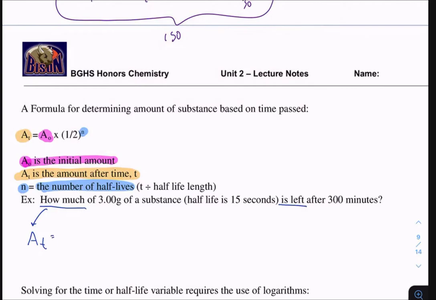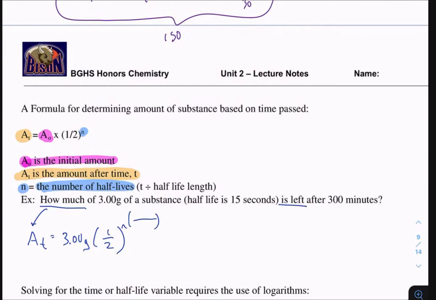So let's plug in what we know. A sub naught is the original amount, and the original amount is 3 grams. 3 grams is now multiplied by 1/2, and that 1/2 is raised to the n power. But the n power is really the time over the half-life.